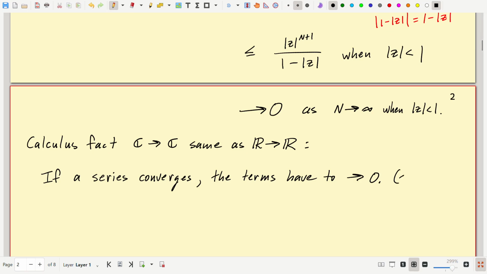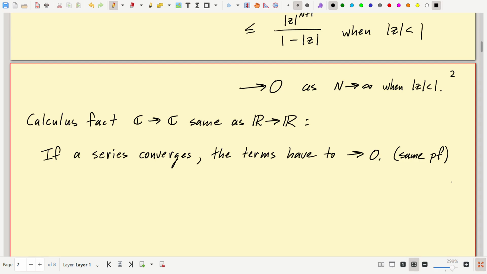And that's exactly the same proof that you'll find in your calculus book. Very elementary. Okay, maybe I'll underline this.